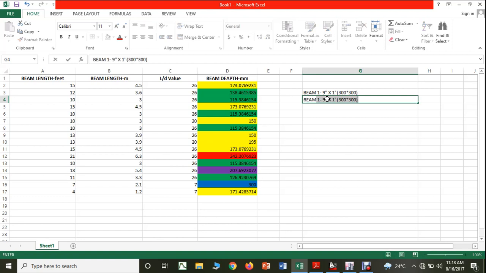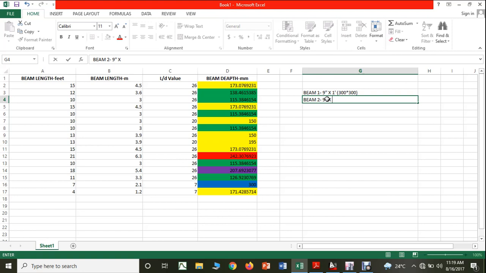Next is my beam 2. Again I will make it 9 inch, multiplied by 450 mm. When I make 450, it is coming around 17.71 inches.